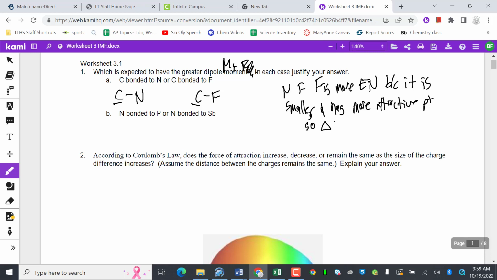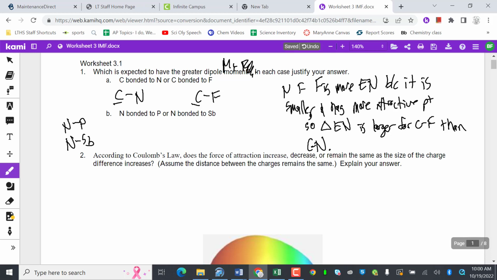So the change in electronegativity, delta EN, is larger for C to F than for C to N. Okay, so it's a difference in electronegativity. Good. So then I have N to P, and N to Sb.